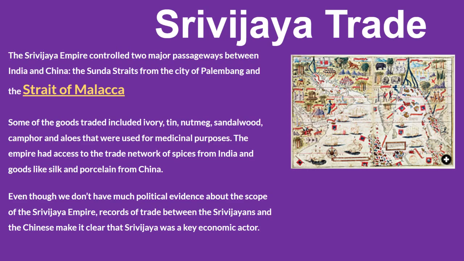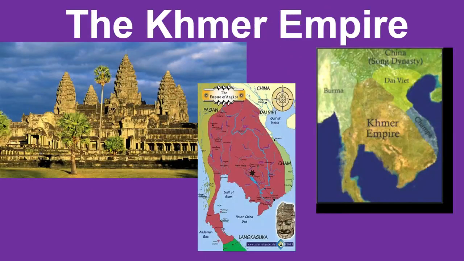You're seeing there a lot of things that are grown and consumed plant-based matter, or they're things that are really heavy, and if you were to lose them in some sort of shipping accident, they would be very costly to the person who financed the endeavor of putting everything on the ship and sailing it out. So the faster and safer you can get all of your goods to market, the better it is for you. And guess what? The Strait of Malacca was the fastest way to get there, and the Srivijayans control that.